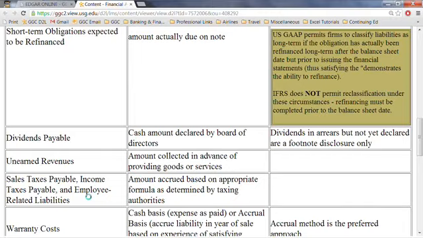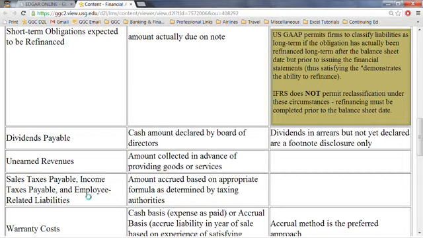They belong to the state taxing authority, and Walmart is simply acting as a pass-through from the consumer to the state taxing authority. So when Walmart collects those taxes, that's going to be credited to sales tax payable, and then the enterprise will periodically remit or pay those sales taxes payable.